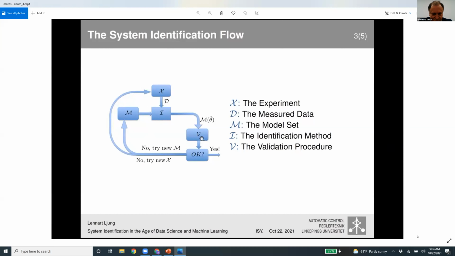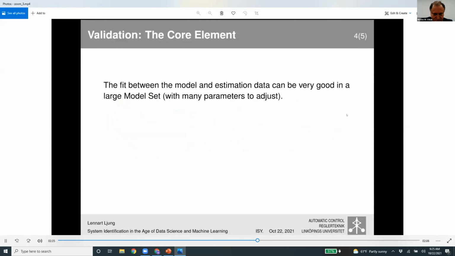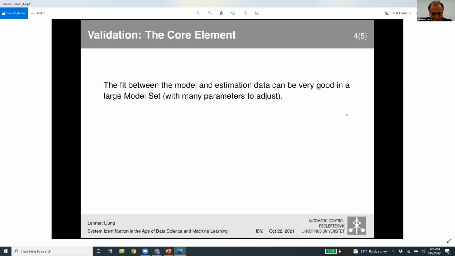In this flow, the most important node is the validation. You see, the fit between a model and the estimated data can be very good in a large model set, where you have many parameters to adjust.